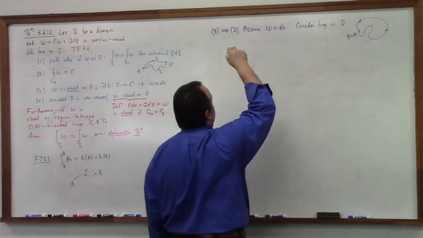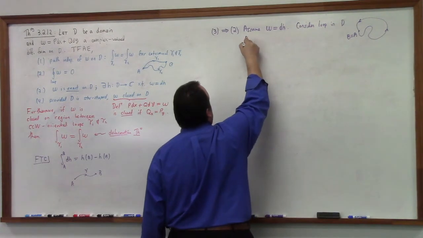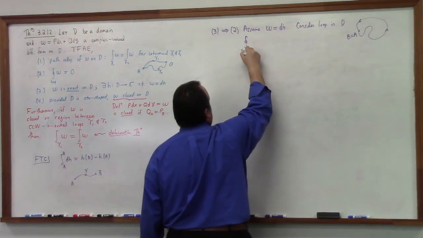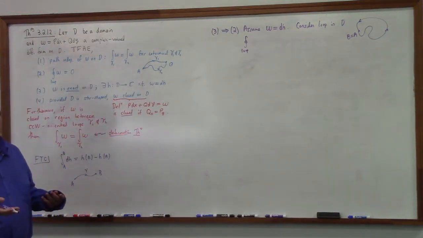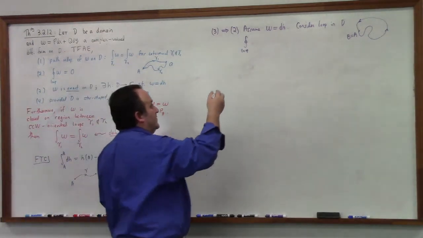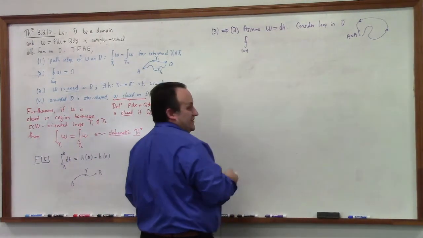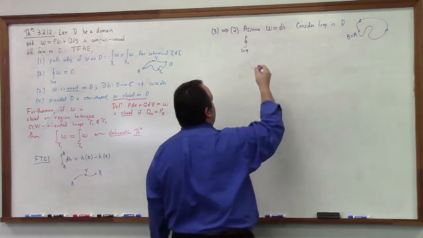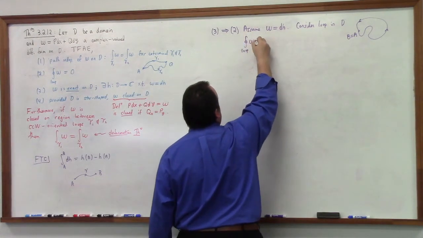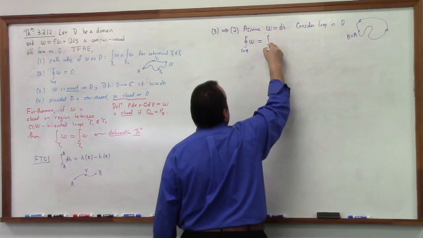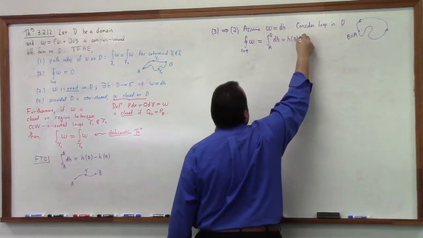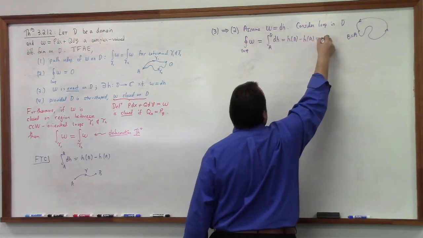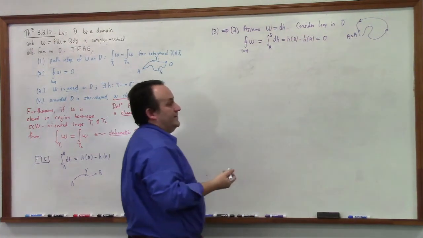So what's the integral? We use this symbol, the integral with that circle, which just indicates it's a loop integral. You don't have to write that, it just helps. You can also indicate the orientation by putting a little arrow on it. Here the integral over omega of the loop is equal to the integral from A to B of dh, which is h of b minus h of a, which is equal to 0 because a is equal to b.